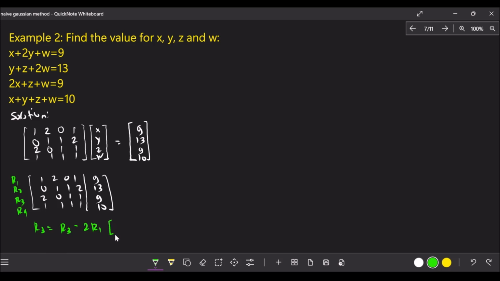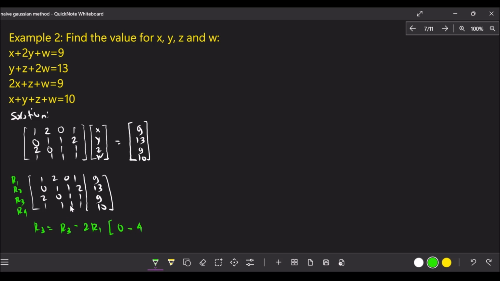So that will become: 2 minus 2 times 1, which is 0. Then 0 minus 2 times 2, so that will be negative 4.